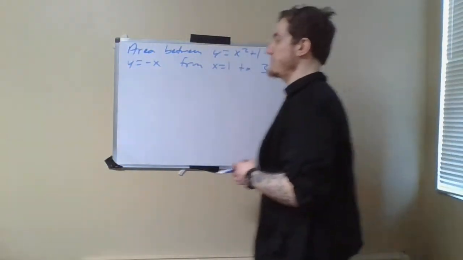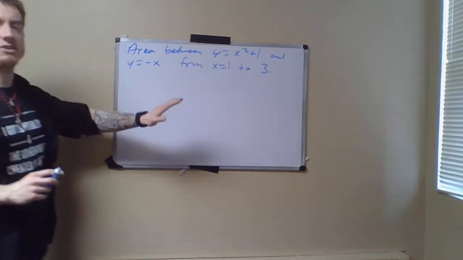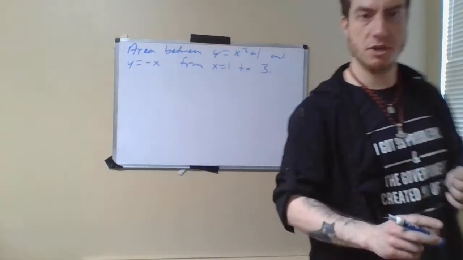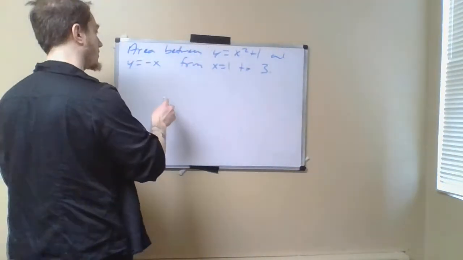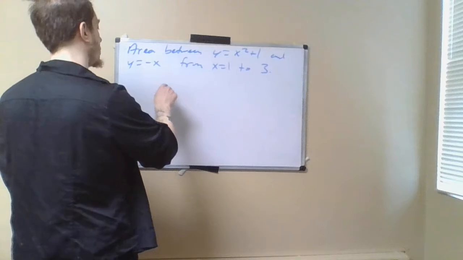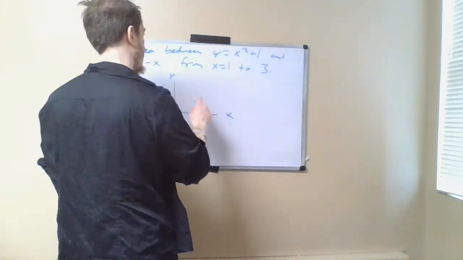So how would I go about doing this? Well, you might want to actually take a minute and try this on your own first to see if you can just do this problem. I need to figure out, first of all, which one of these functions is my top function and which one is my bottom function. In other words, which one is larger than the other one?